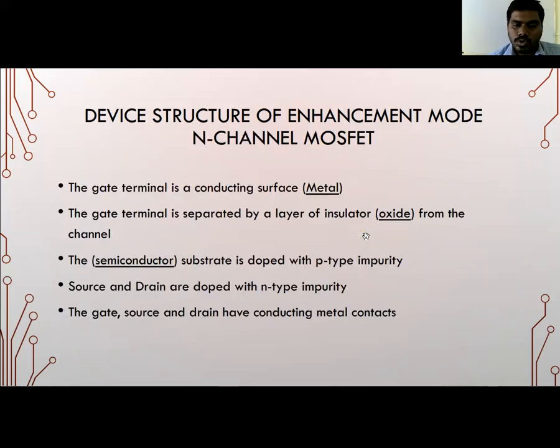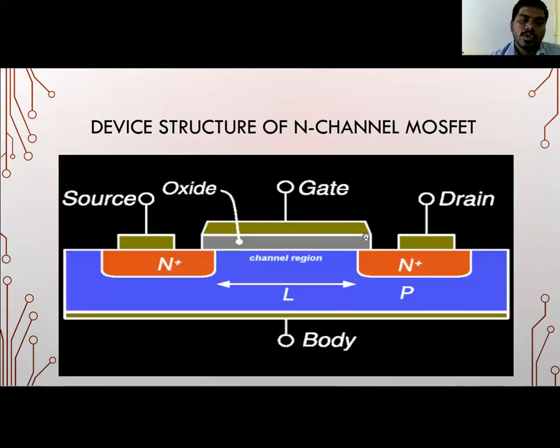Source and drain are doped with n-type impurity. Source and drain, meaning this n plus and n plus shown here, are doped with n-type impurity. Holes will be present here, and electrons will be present here.